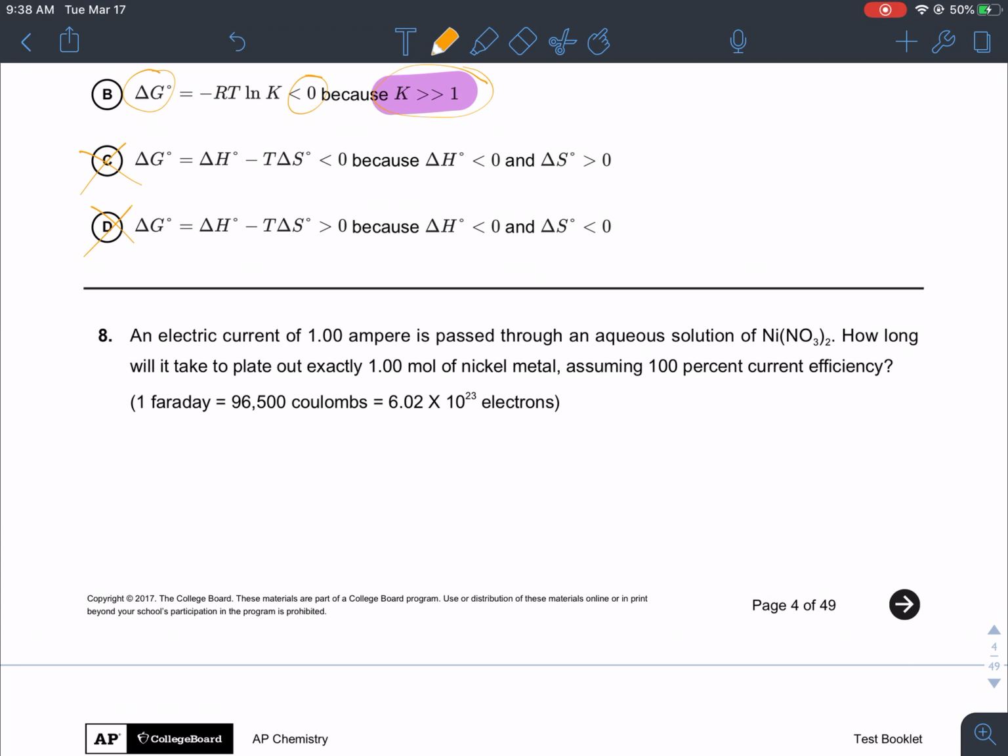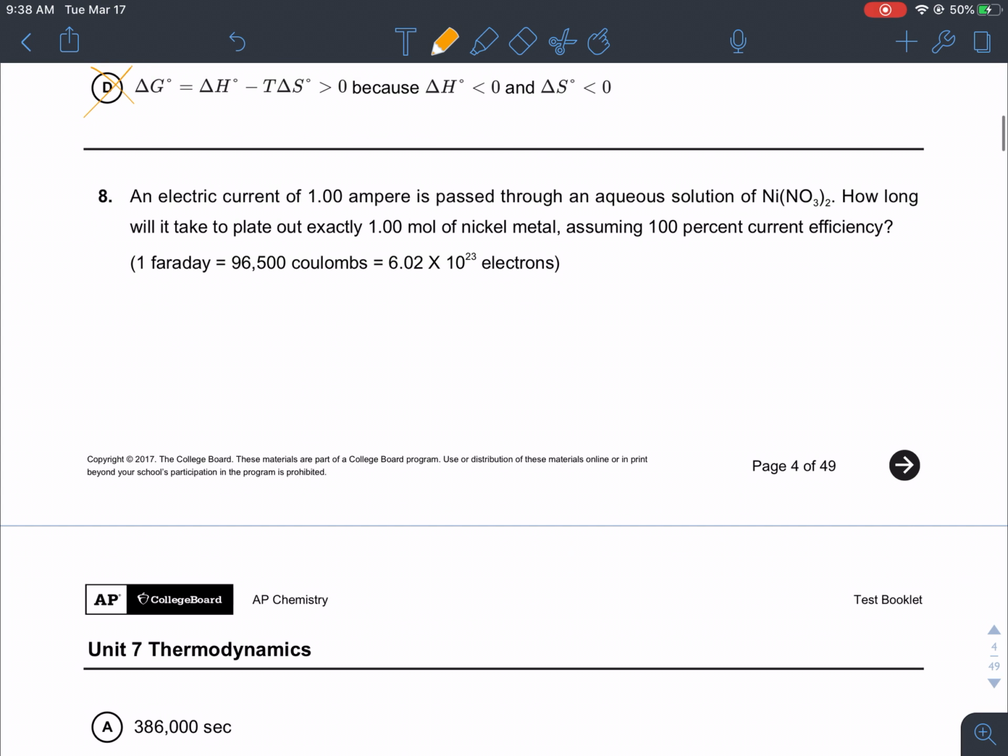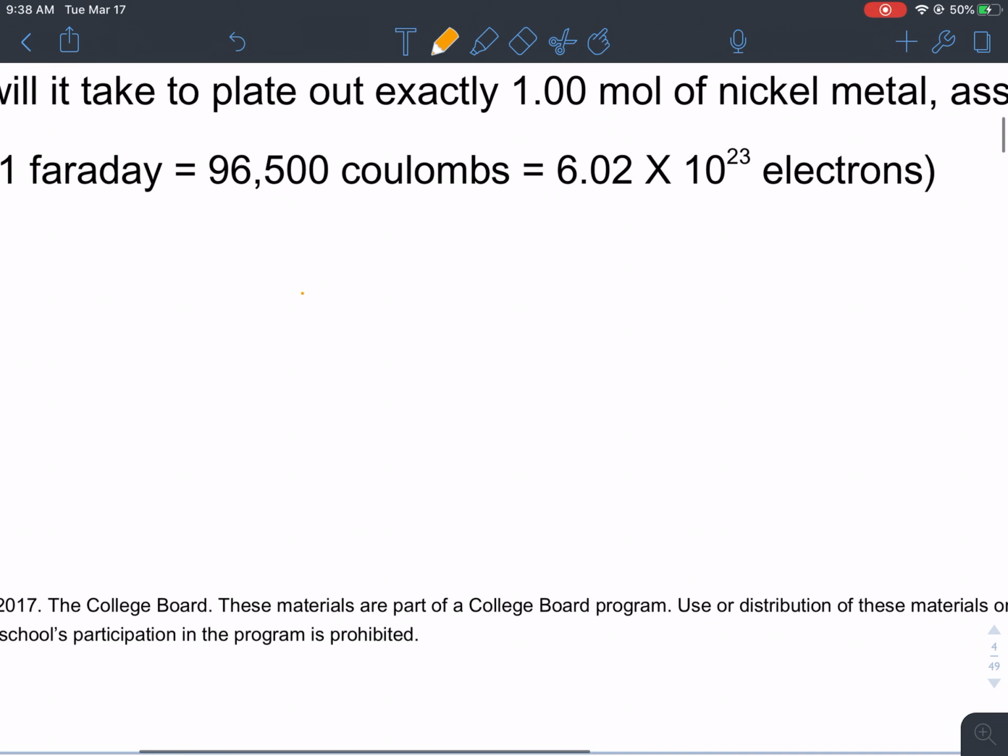But let me show you. You have nickel nitrate wanting to become plated nickel. So what had to happen? Well, this thing had to gain 2 electrons, right?